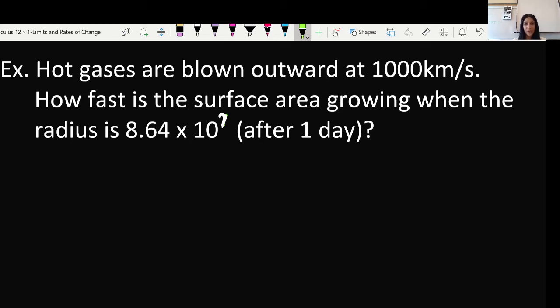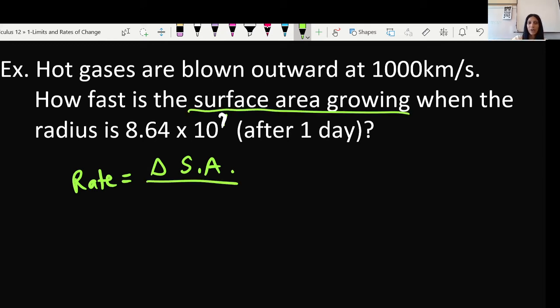We are looking at rate of change, but this time it would be the change in surface area over the change in radius.